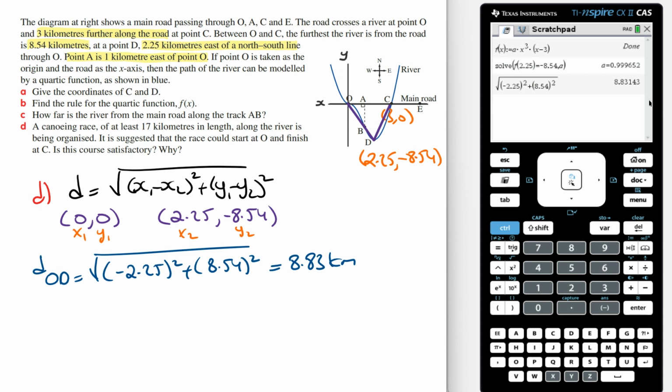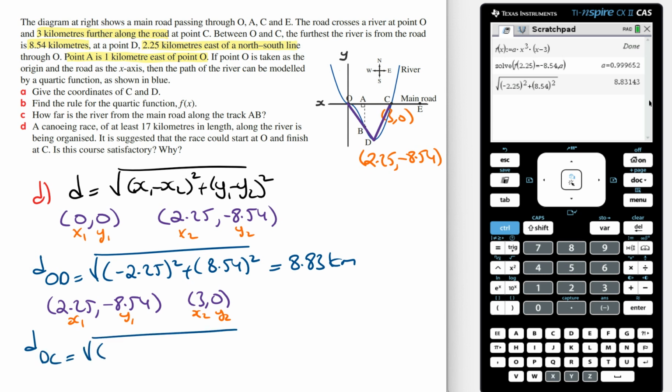And now to work out the distance of the line DC, we're going to need to use the coordinates of the point D, which is (2.25, -8.54), and the coordinates of the point C, which is (3, 0). And so again, if we call this x1, y1, and this one x2, y2, using the distance formula, the distance of the line DC is going to be the square root of (2.25 - 3) squared plus (-8.54 - 0) squared.